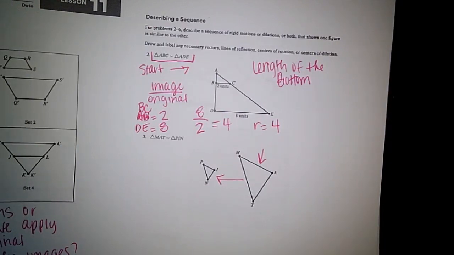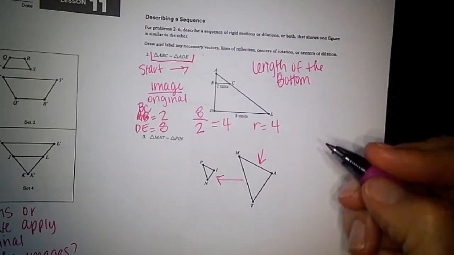So here's your rule. Everybody write it down, put a star next to it. That way you can make sure that you're not skipping this. Ready?